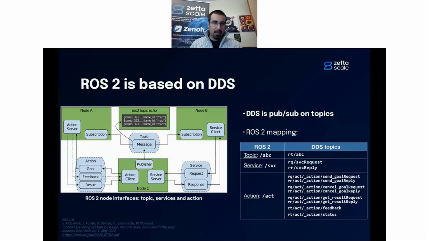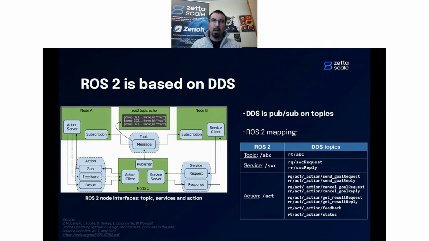DDS is a pub/sub middleware, which uses topics to publish and subscribe. So the ROS2 design made some mapping between ROS2 concepts and the DDS topics to be used.